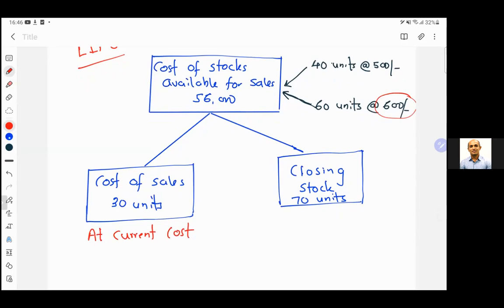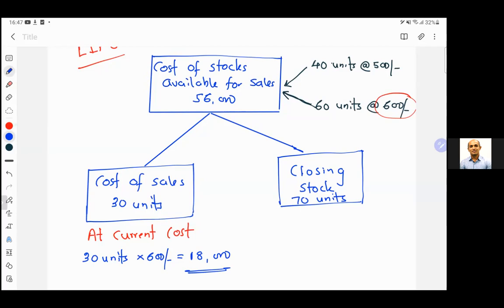Then these 30 units are valued at 600. Then cost of sales is 18,000.